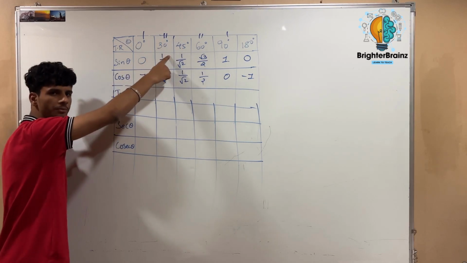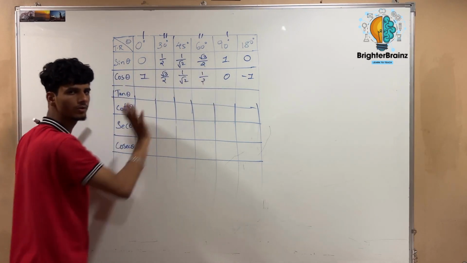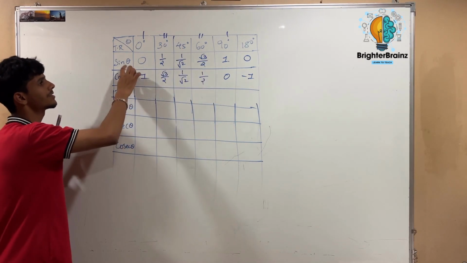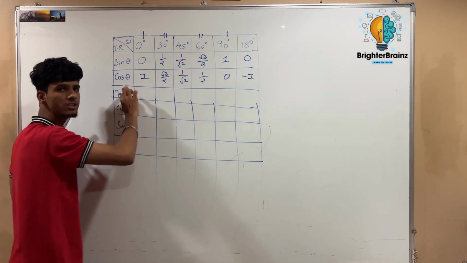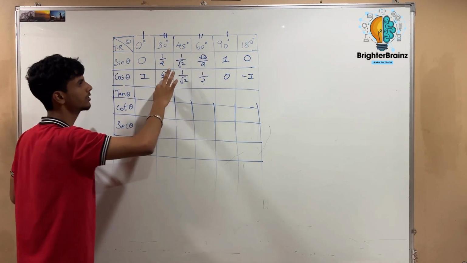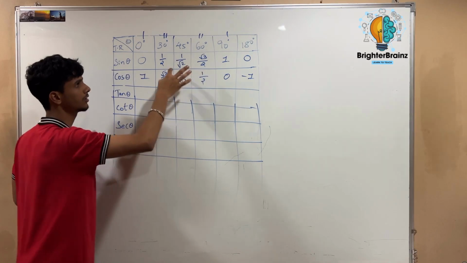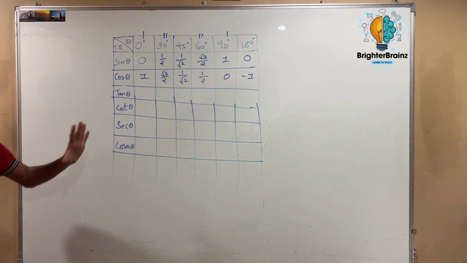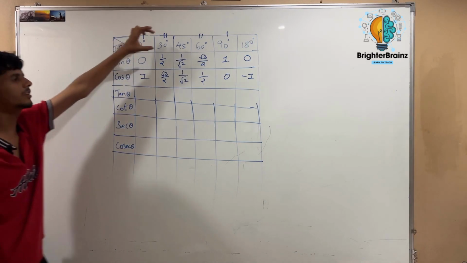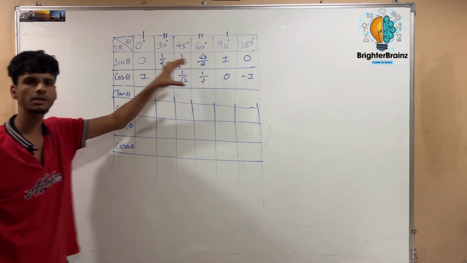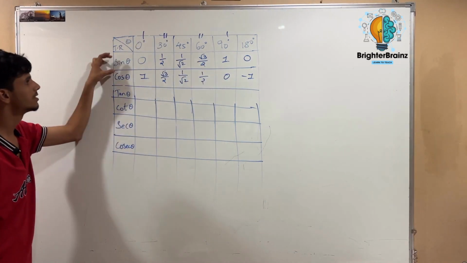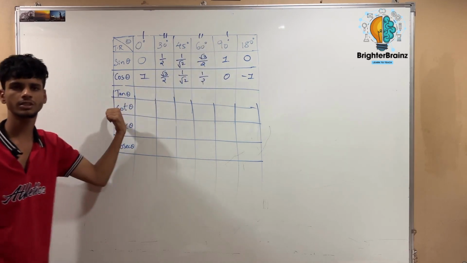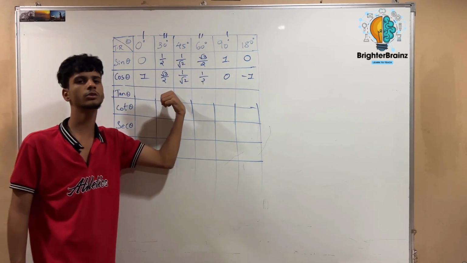Sin 30 is 1/2, and cos 60 becomes 1/2. Next, when sin 60 is root 3/2, cos 30 is root 3/2. So 30 and 60 have the same values.